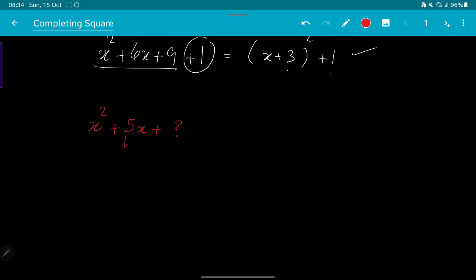Yes, we do the same. Half of 5 is 5 over 2. Then 5 over 2 squared is 25 over 4. So we can replace this with 25 over 4. And if you need to rewrite this as a perfect square, this is x plus 5 over 2.